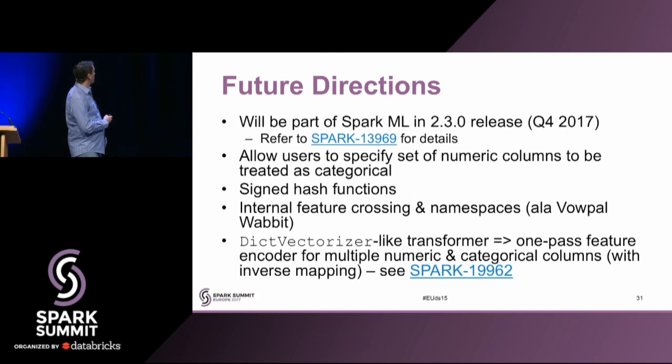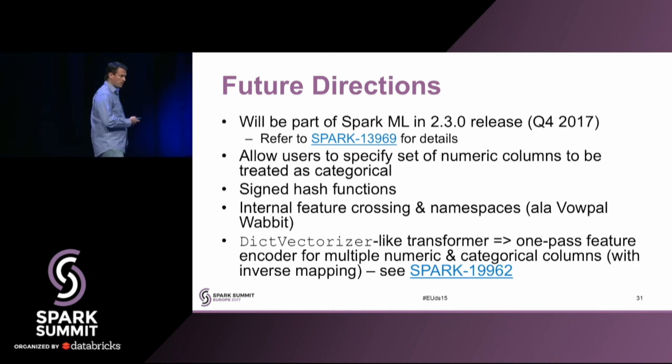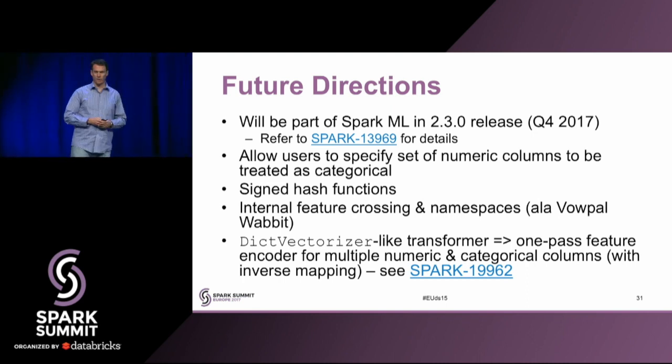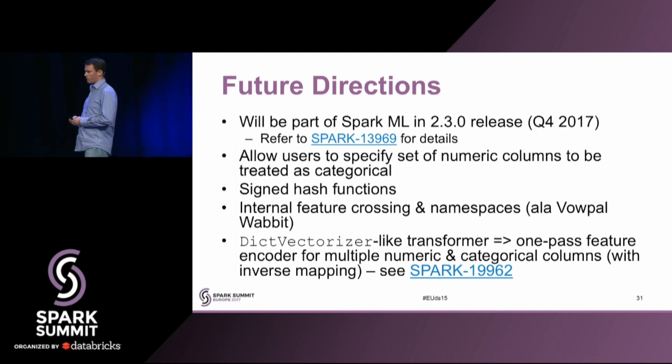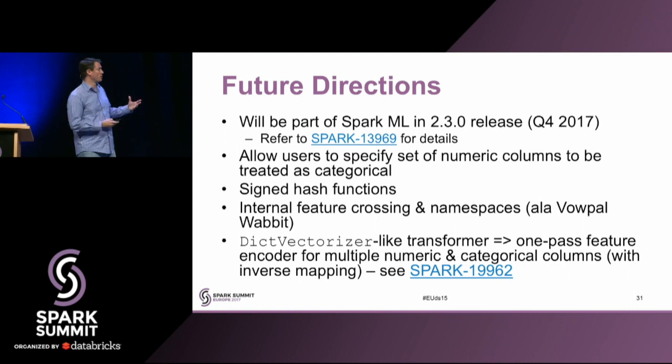Then something a little more complex, but also very interesting, is this idea of internal feature crossing and namespaces. Vowpal Wabbit, some of you may know it, is a very popular machine learning library. It doesn't only do online learning, but that was its focus, and it's very fast. It really popularized this feature hashing concept.